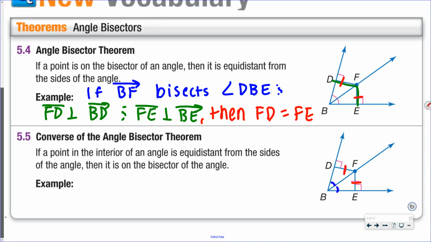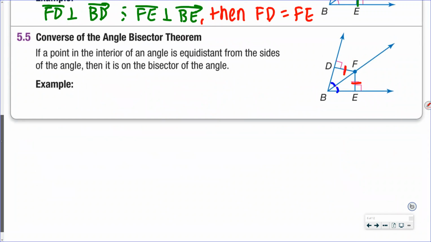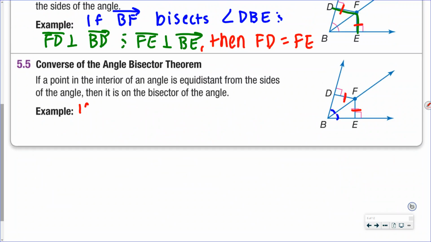So if, here's the hypothesis for this one, you just flip-flop this. If we still have to show that they're perpendicular, FD is perpendicular to BD, and FE perpendicular to BE.